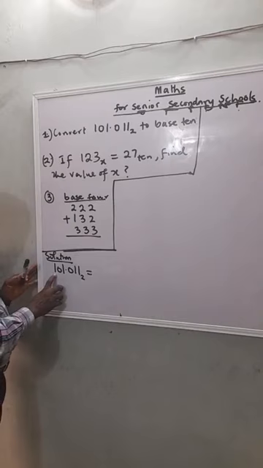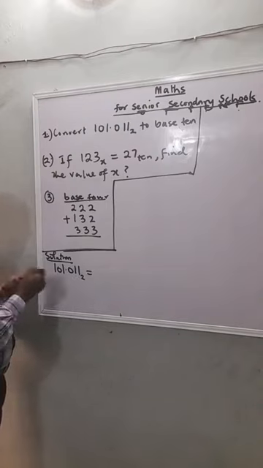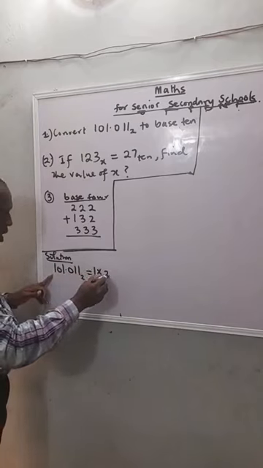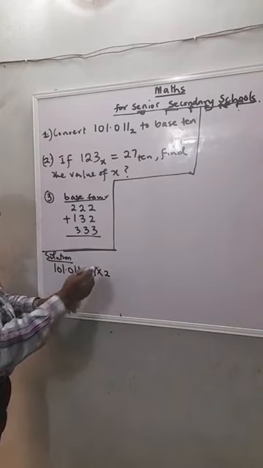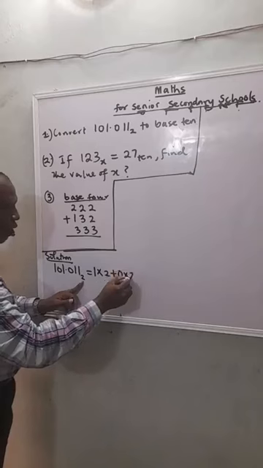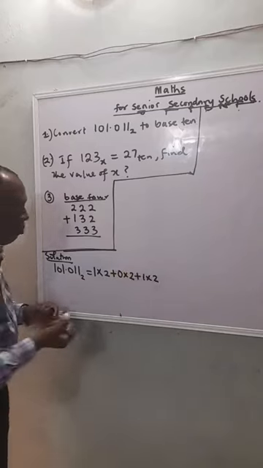The first 3 digits, 101, is a whole number, and the last 3 digits are decimal. So this is how we start. We say the first digit times the base we are on, plus the second digit times the base we're operating, plus 1 times the base we're operating.